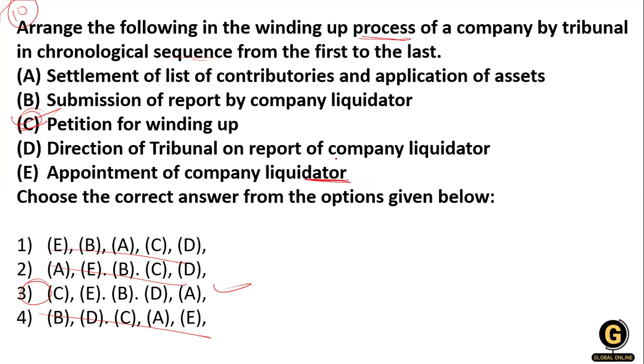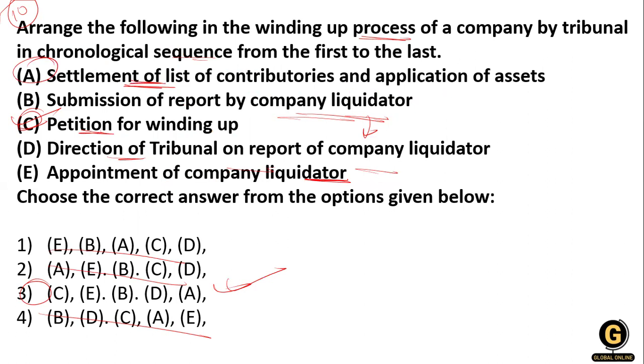After the appointment of the liquidator, the company liquidator submits a report, and after the submission of the report, they go to the direction of the tribunal on the report of the company liquidator, and lastly they settle the list of the contributors and the application of the assets. So the third option is right over here. The first thing in the winding up of the company is filing a petition, and the last thing is the settlement of the list of the contributors.